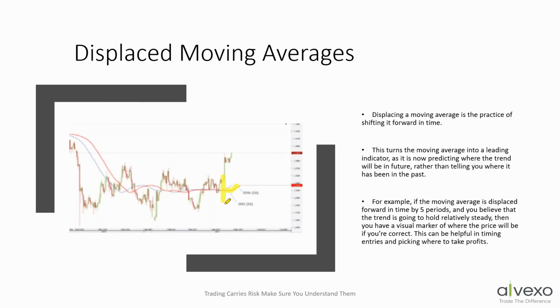Like I said, we're not changing the calculation. We're just putting that dot on our chart a little bit more forward. And we're starting to see that this is going to more accurately give us the support and resistance in the future, as well as where price should be trading in the future.